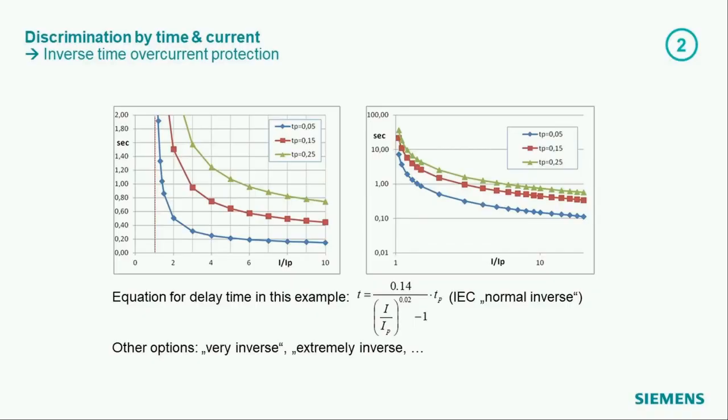And what I indicated in this diagram is there are different curves in use. And if you look at this strange equation below the diagram, you may ask yourself, where does this strange equation come from? Is there a big theory behind that?